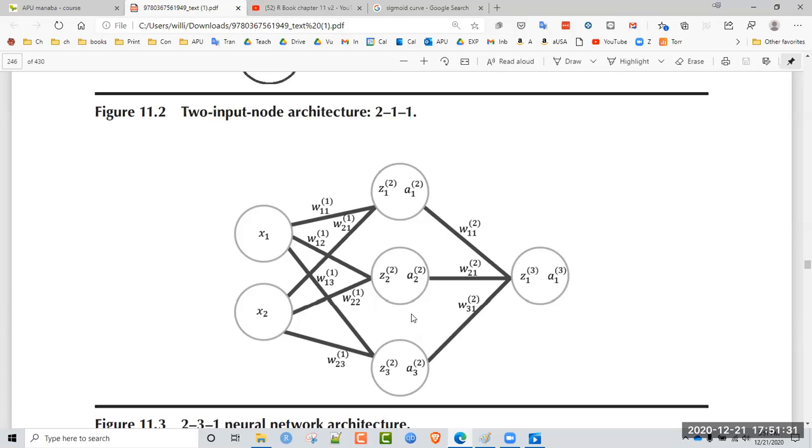Now, let me just quickly add on that when we go to here, we're just going to take these and multiply them by the corresponding here to get that. So I just mean we're going to take A1 times this, A2 times this, A3 times that, and add them up, and that's going to give me this. And then how are we going to go from here to here? We're going to put this into sigma, and that'll give me this.